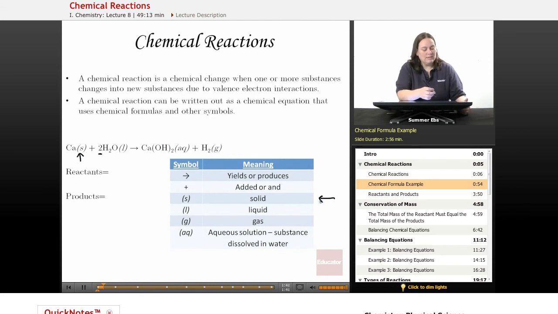So we're adding calcium as a solid, plus that 2 means that there's 2 units of water. And then the (l), go back to your table, that means we have liquid water. 2 units of liquid water.